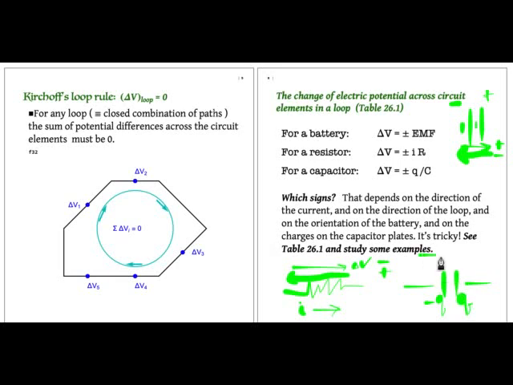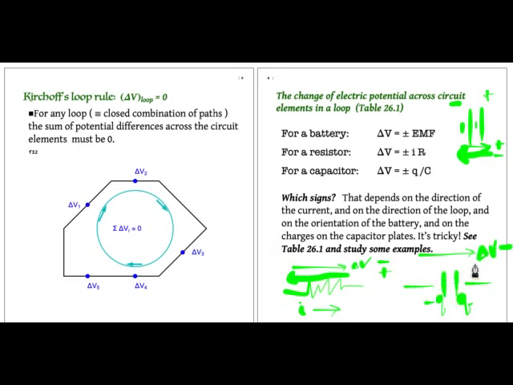Now, if I'm going across this capacitor in this direction, the change in voltage, well, it's from the low voltage to high voltage.